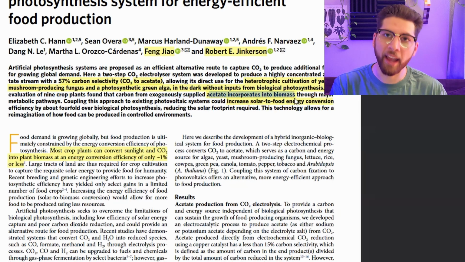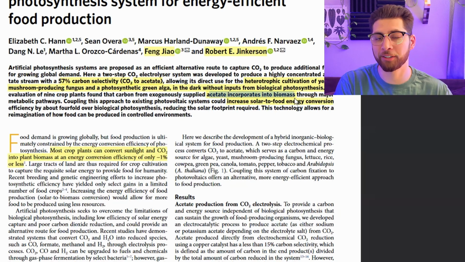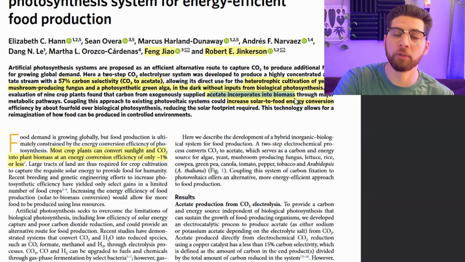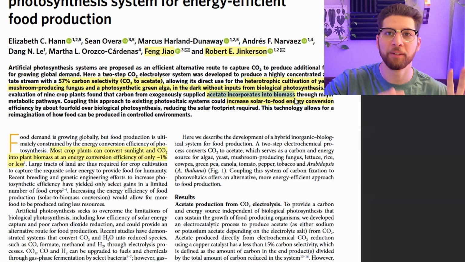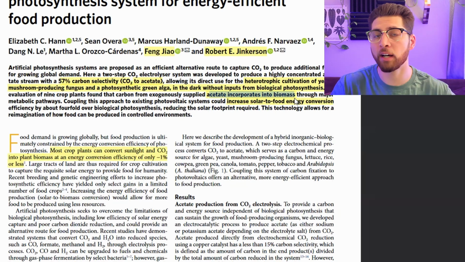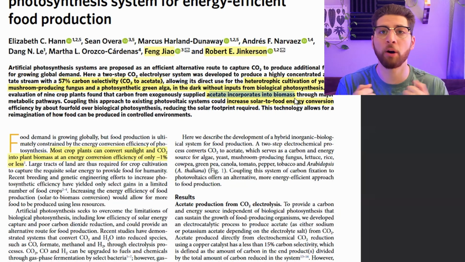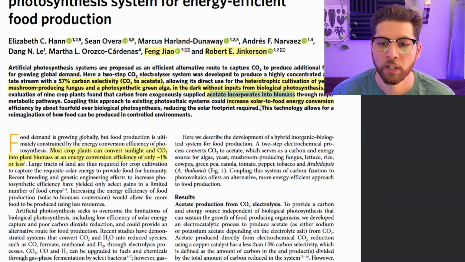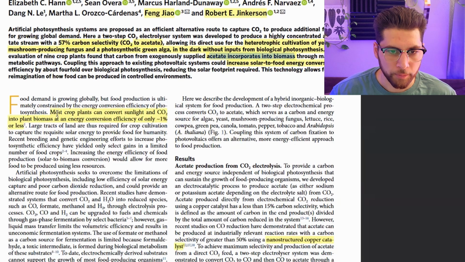So we can't yet grow plants completely in the dark just on acetate. Maybe that's the future dream. But from this paper, they've shown that the plants can at least take in some acetate and convert it into parts of the plant, which is cool. So let's dig in.